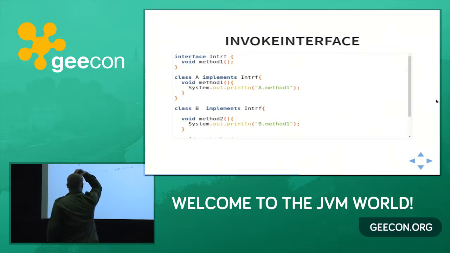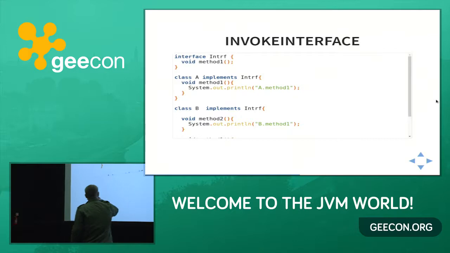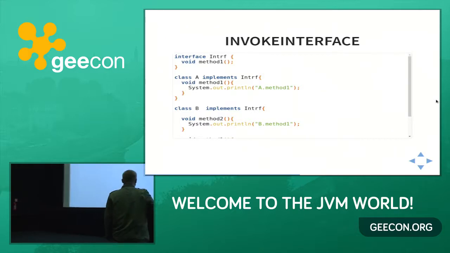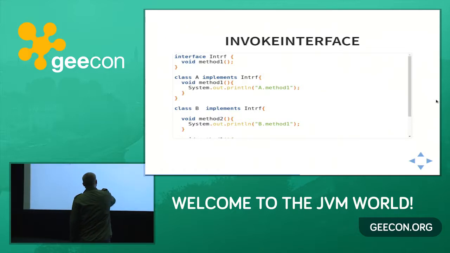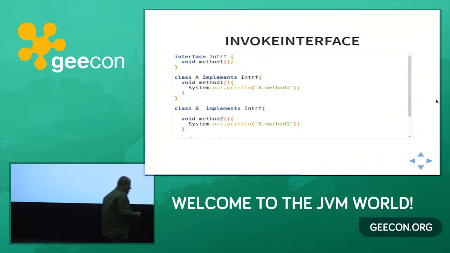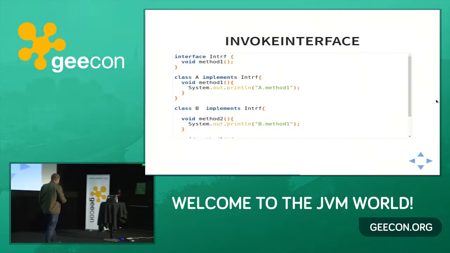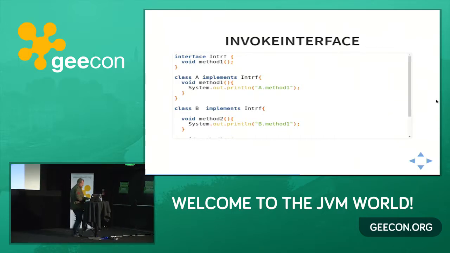Let's say we have an invoke interface. We have an interface with a method, we have an implementation of this, and we have a second class which also implements this strange interface, but there is a trick. There is method 2, and method 1 is overwritten, but it's not the first method in the class, it's the second method in the class.